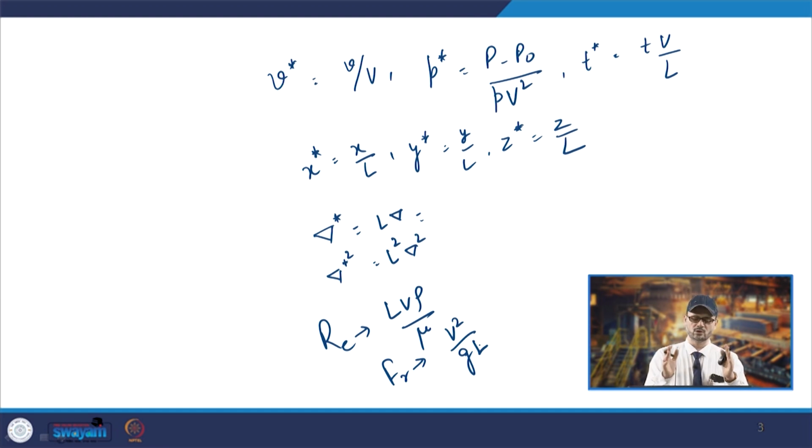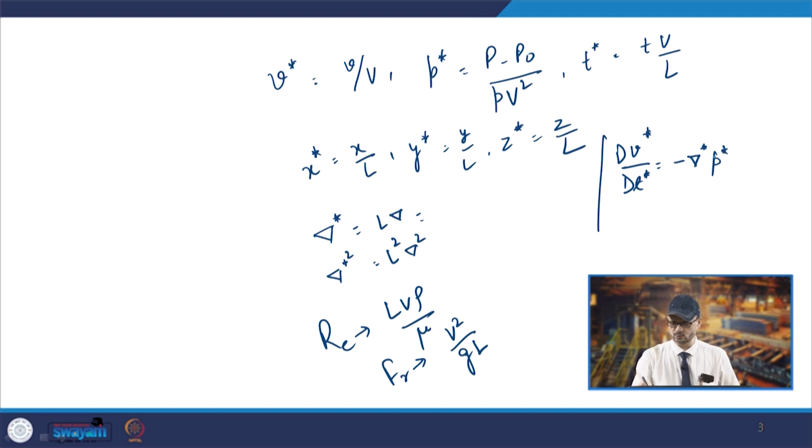Then, on both sides, you will have the expression coming up like d V star by d t star. That will be coming as minus grad star P star. So, that is what you do normally.